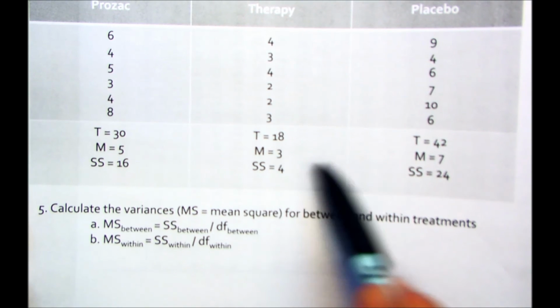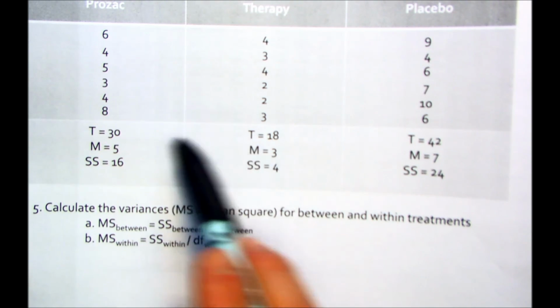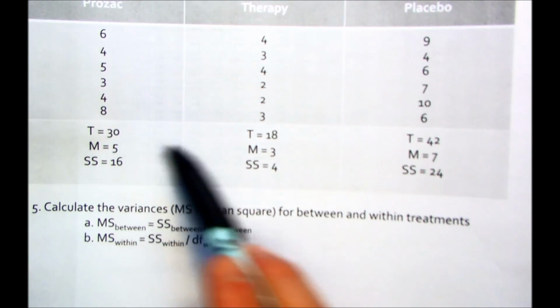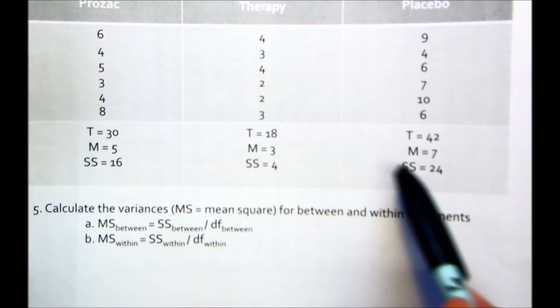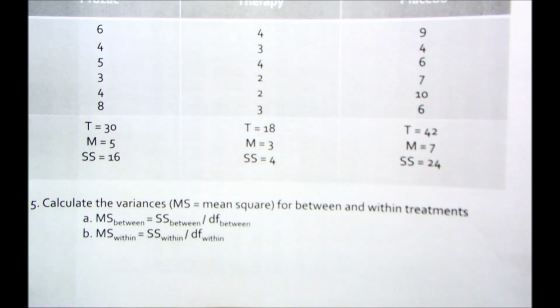So in essence, there must be a significant difference between those two groups. But what we don't know right now is whether there is a significant difference between Prozac and cognitive behavioral therapy, and whether there is a significant difference between placebo and Prozac. That's what we'll get into in just a little bit in another session. We're looking at post hoc tests.